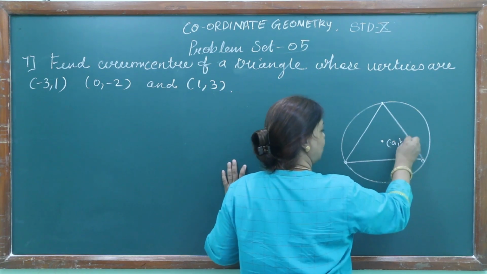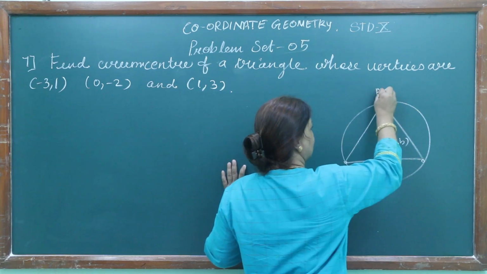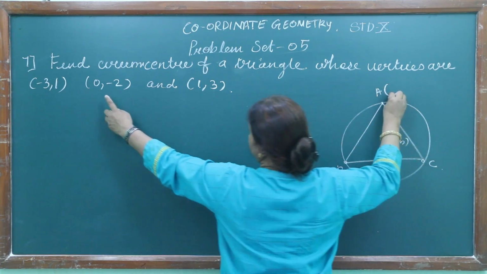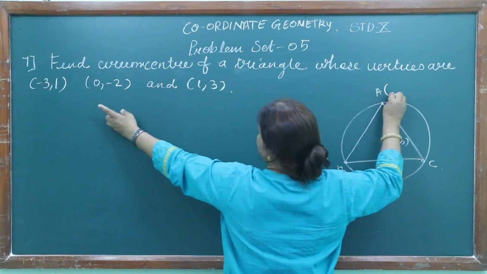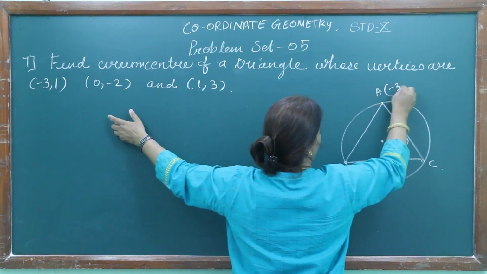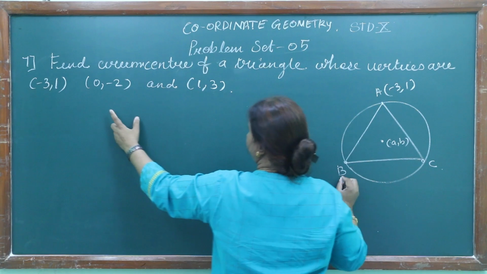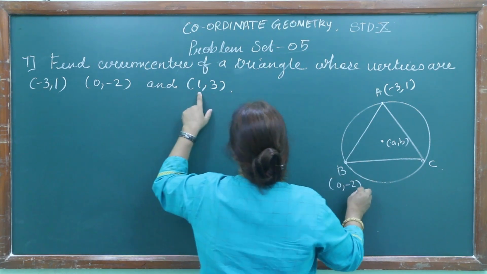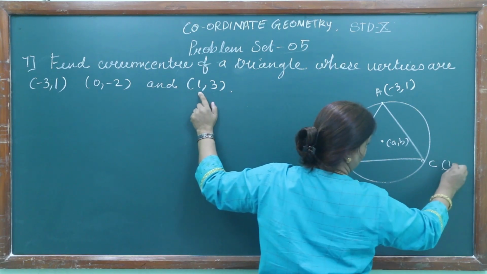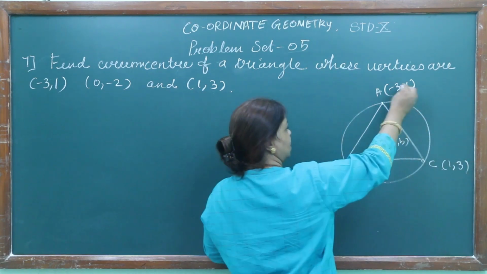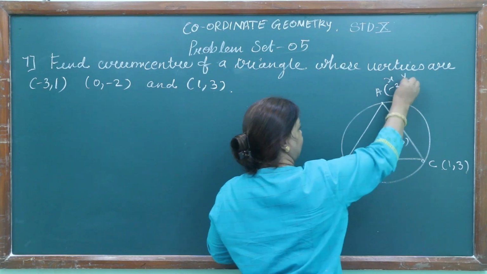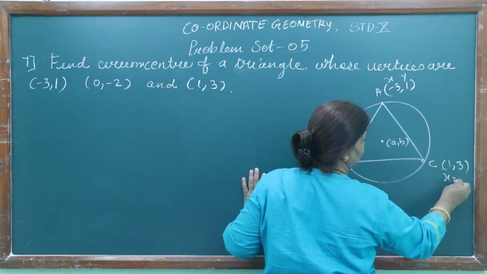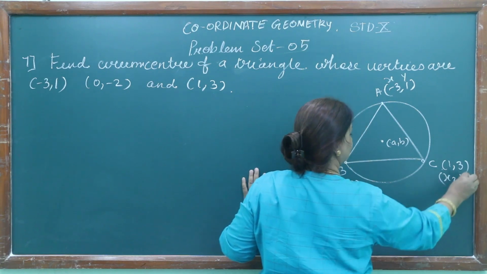Suppose this is A, this is B, and this is C. A is, let us take, minus 3 comma 1, and B is 0 comma minus 2, and C is 1 comma 3. Let us take it as x1 y1, and this is x2 y2.